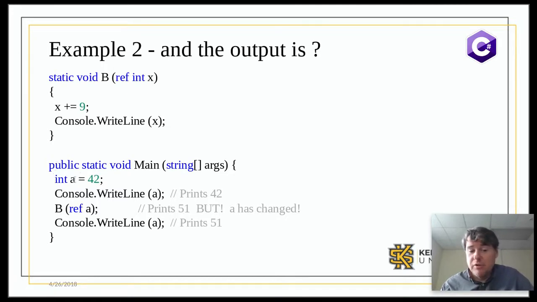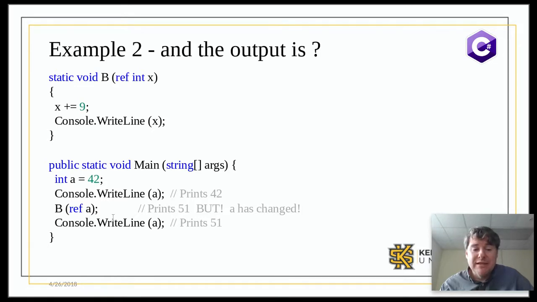So we create a variable called a, which is local in main. We set it equal to 42, and we print it out, and indeed we're going to get 42. But this time, when we pass a over to b, we are not passing the value, we are passing a reference to a.